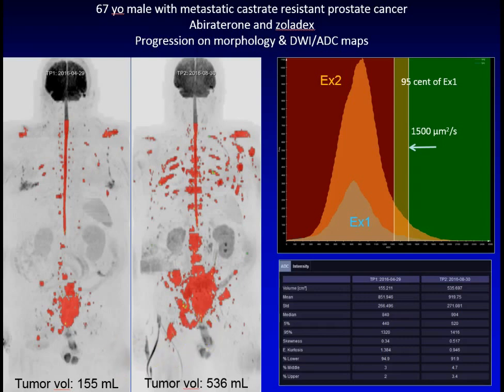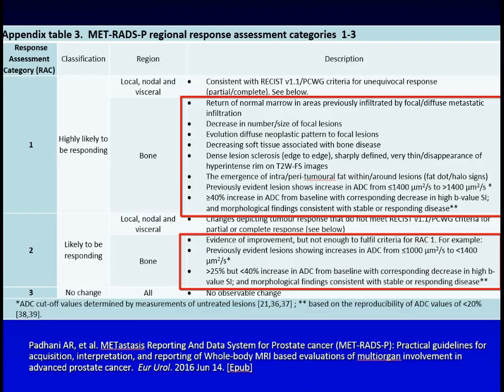So that is an example of highly likely to be progressing. The Metroid system also enables you to identify areas highly likely to be responding and likely to be responding.